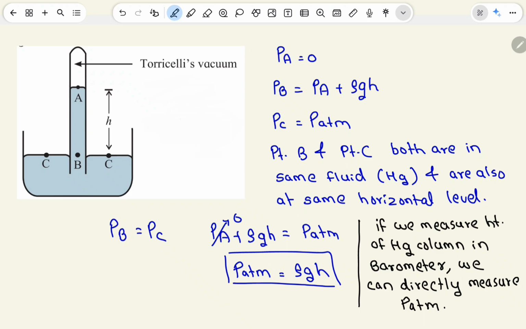Thus, mercury barometer, by simply allowing us to measure the height of the mercury column, helps us to calculate the value of atmospheric pressure at that point. So this is mercury barometer with the formula PATM is equal to rho g h, which helps us to calculate atmospheric pressure.